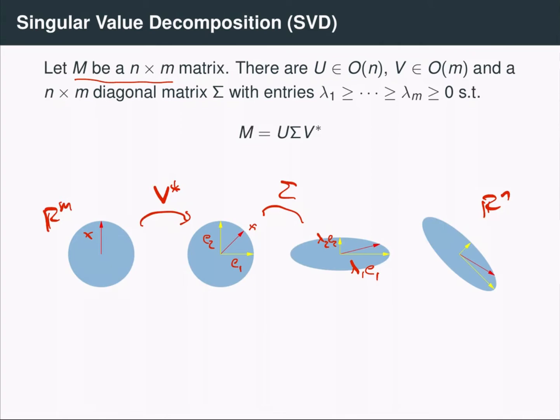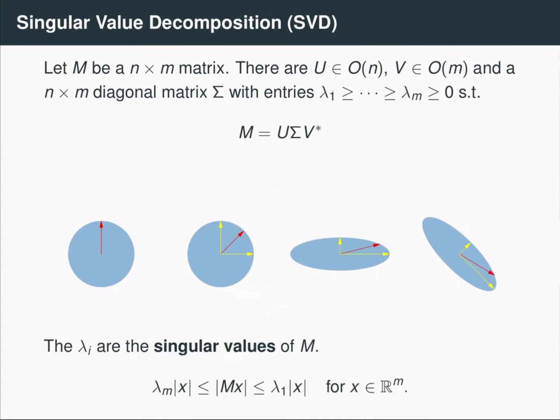Moreover, because sigma could have several rows of zeros in it, after performing these stretchings it also adds on several zeros to the vector x so that the resulting vector lies in Rn. And then the final transformation is another rotation U that rotates all the vectors without changing their sizes.